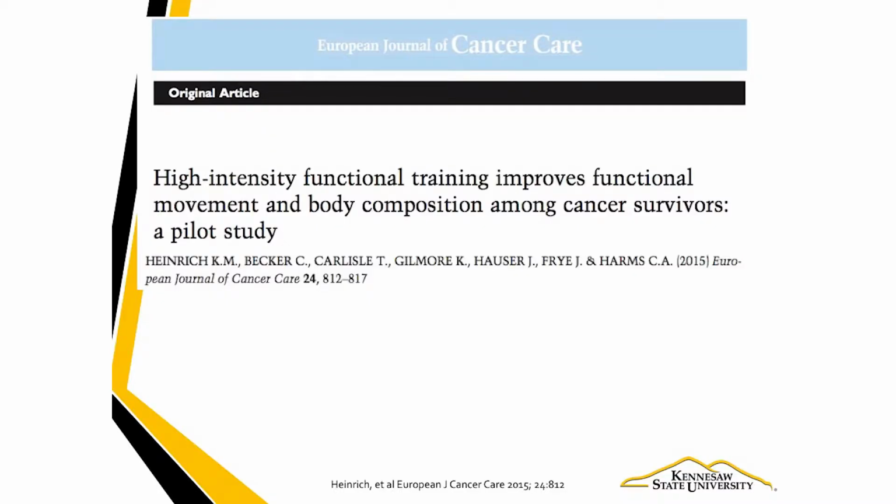But in this particular study, they were looking at breast cancer survivors and high-intensity functional training, which is a little different from high-intensity interval training. It was the one article I was able to find that provided a good overall picture, both from a physical standpoint as well as, to some degree, psychological variables.